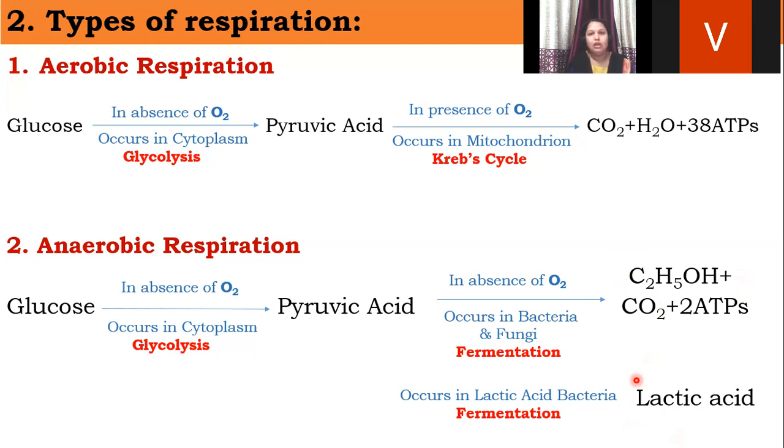Clear to all? So when the products formed are ethanol and carbon dioxide, it is termed decarboxylation. But in lactic acid formation, there is no carbon dioxide released, and therefore this is not a decarboxylation reaction.